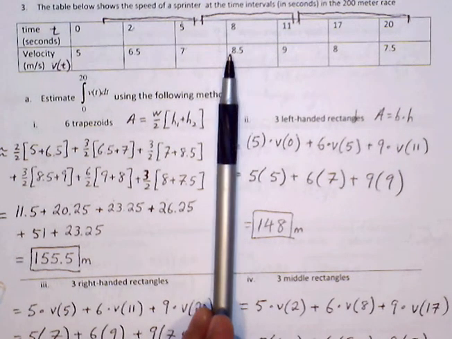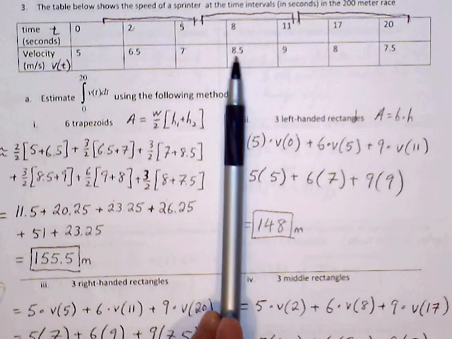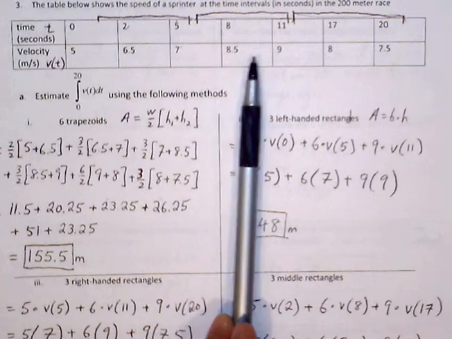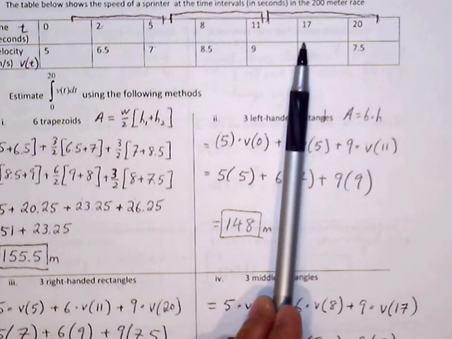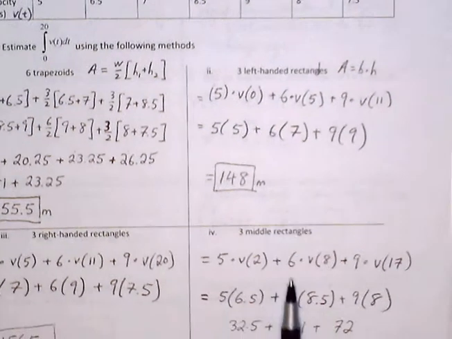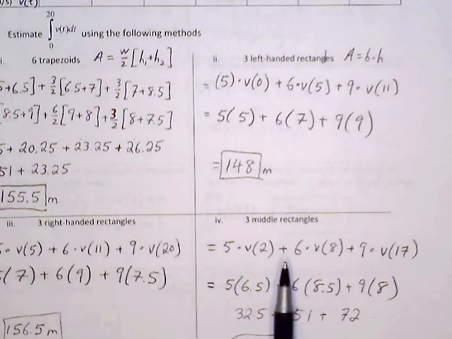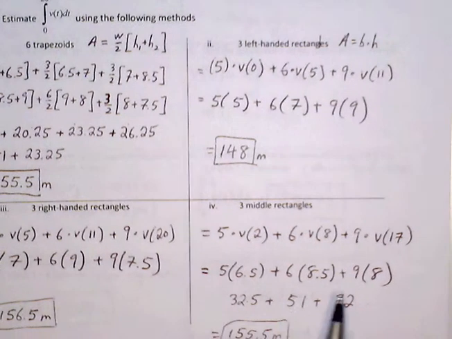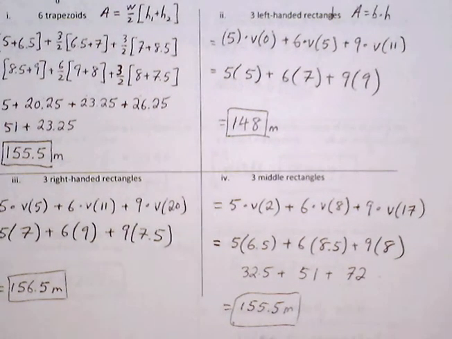For the second interval, I'll use 8.5 as the height, and for the third subinterval, I'll use v of 17, which has a velocity of 8. So we simply plug those values in. Width times height, width times height, width times height. We add up the areas of all these rectangles, and we're going to get 155.5 meters.